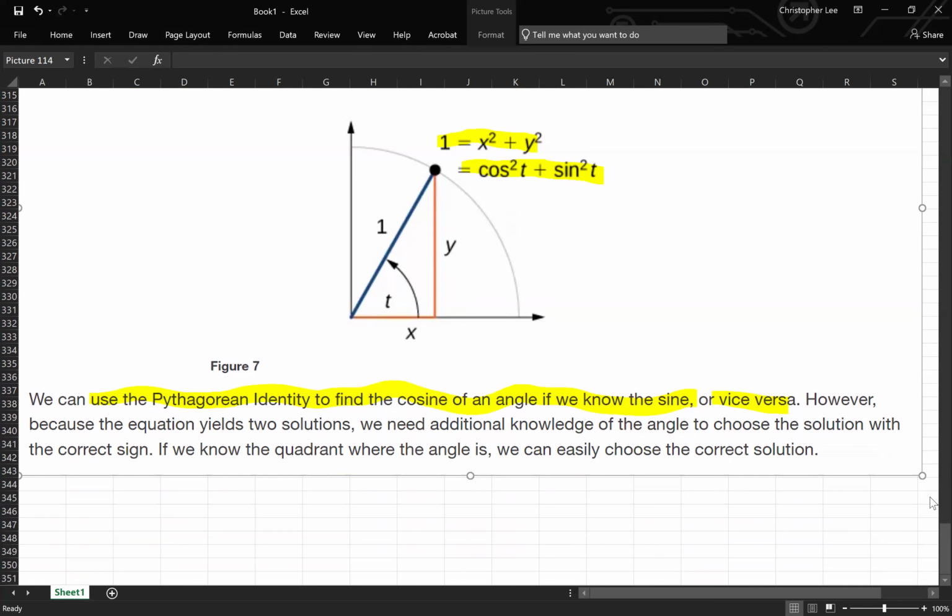However, because the equation yields two solutions, we need additional knowledge of an angle to choose the solution with the correct sign. If we know the quadrant where the angle is, we can easily choose the correct solution.